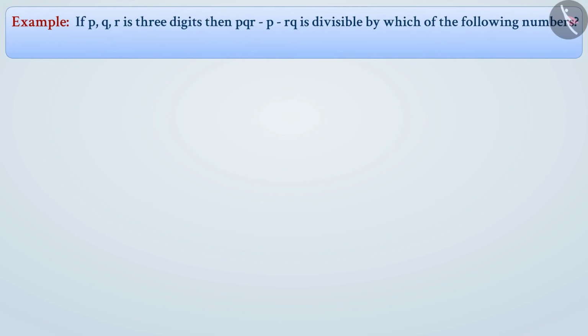Next example, if P, Q and R are 3 digits, then PQR minus P minus RQ is divisible by which of the following numbers?